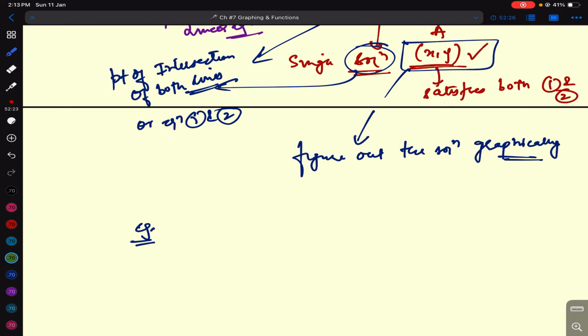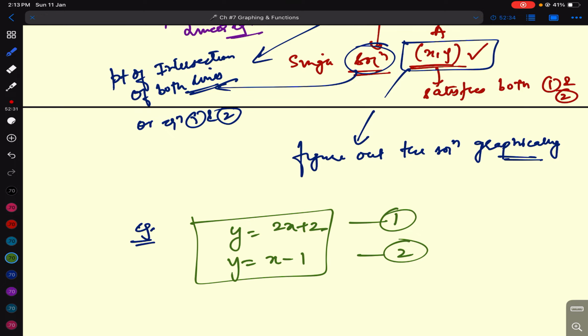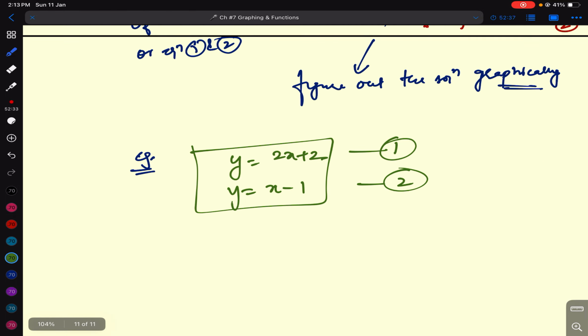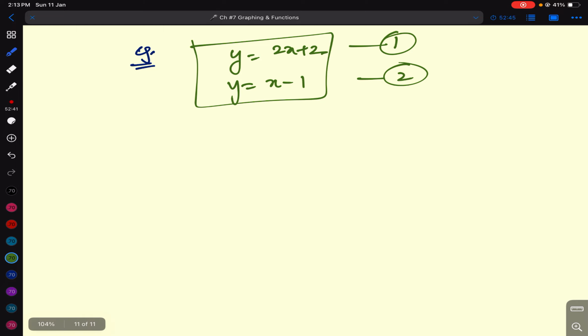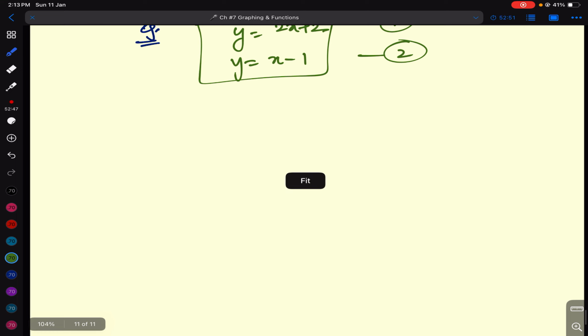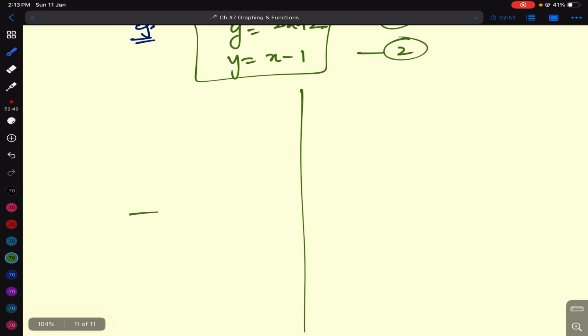Now let's take the example. The example here would be y is equal to 2x plus 2 and y is equal to x minus 1. Now this is equation number 1, this is equation number 2, and this becomes your system of linear equations. Now you already know how to graph a linear equation. We have already studied that in lesson number 2, right? So by making use of the x and y-intercepts, we can easily figure out the graph of the equation. So let's use the same concept and figure out the graph for these two lines.